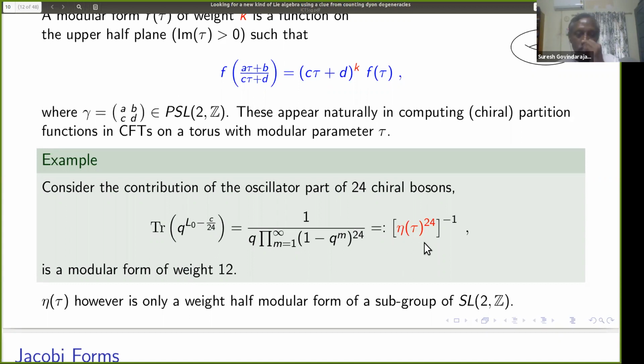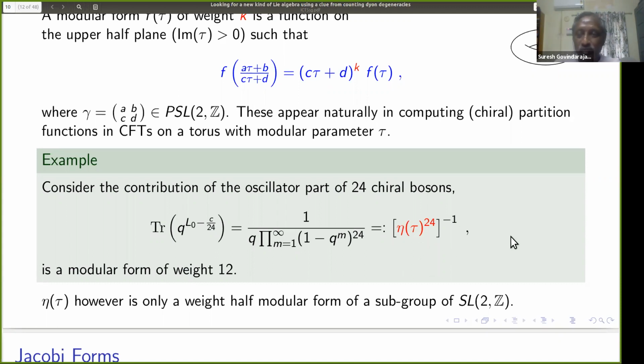Okay, and remember, this is the same object which was the generating function of half BPS degeneracies of electrically charged black holes. And remember, I told you that there was a duality which mapped it to the states of the heterotic string, where the supersymmetric side is kept in the ground state, and that is a bosonic sector in the heterotic thing, and you just get contribution from oscillator modes.